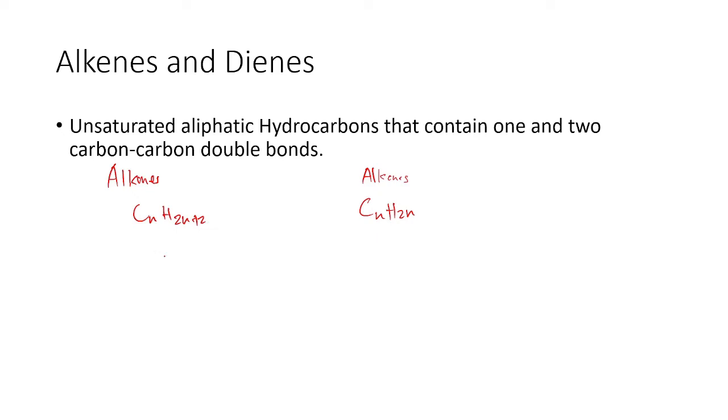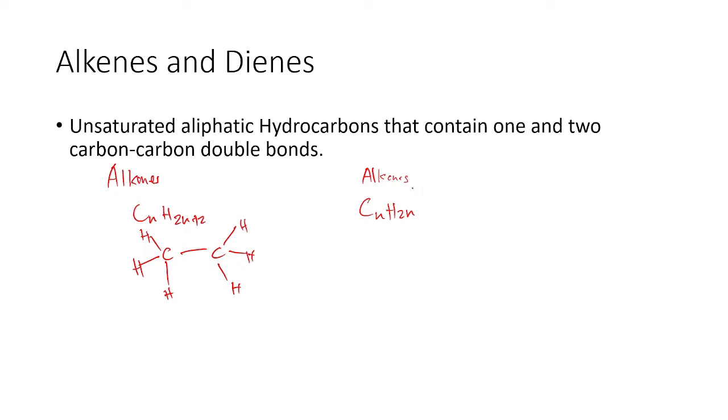So, let's say ethane. Ethane has this structural formula wherein we have a single bond from carbon to carbon, and we just pair up the remaining valence electrons with hydrogens. So this is an aliphatic hydrocarbon, meaning we have here only carbons and hydrogens.